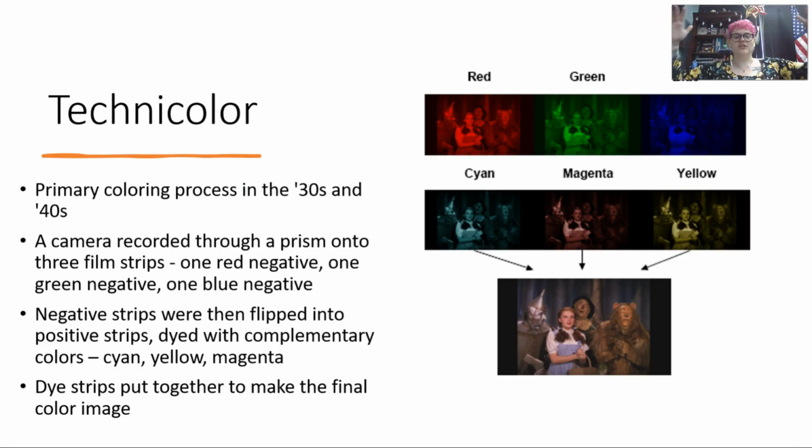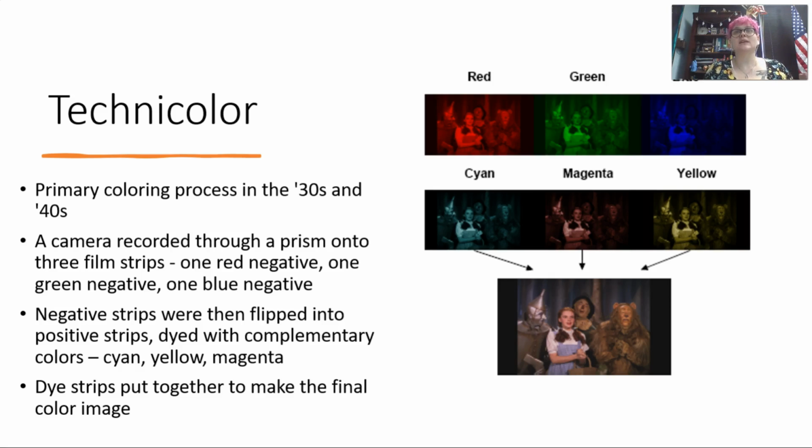And basically what you did is you had this massive camera, like enormous. And this camera had a prism in it. And that prism would split the image that was coming through the lens into three separate strips. One was a red negative, one was a green negative, and one was a blue negative. So RGB.